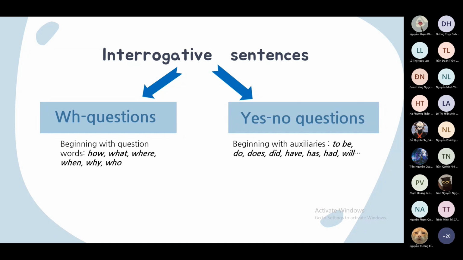WH questions are questions that begin with question words like how, what, where, when, why, and who. Yes/no questions begin with an auxiliary like to be, do, does, did, have, has, and had.